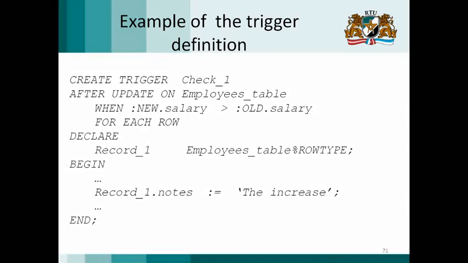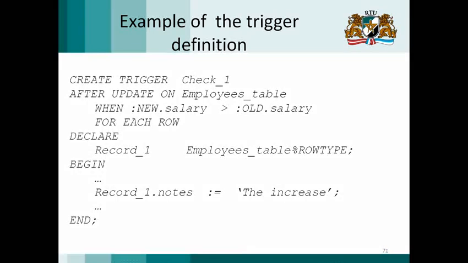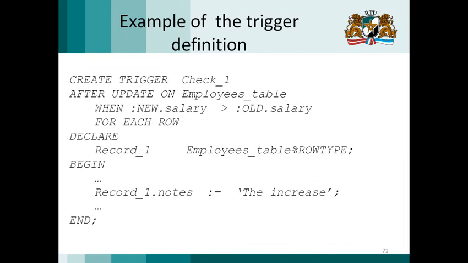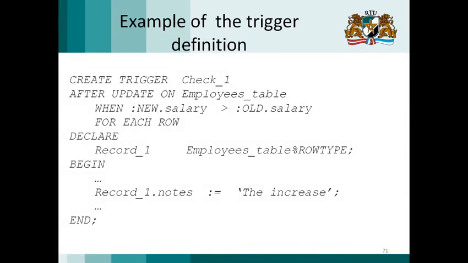And after this, in this case, we only write it in this record, but later we can also modify this table to write this increase also in this employees table. So in this case, we can do some things automatically when these triggers are fired.